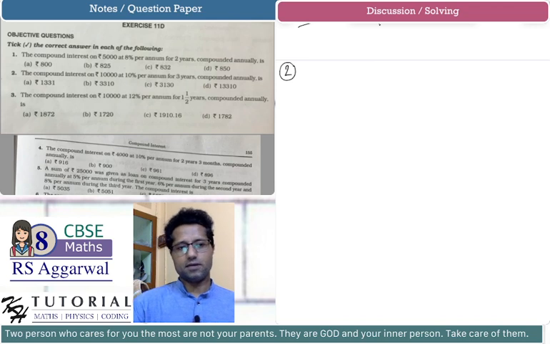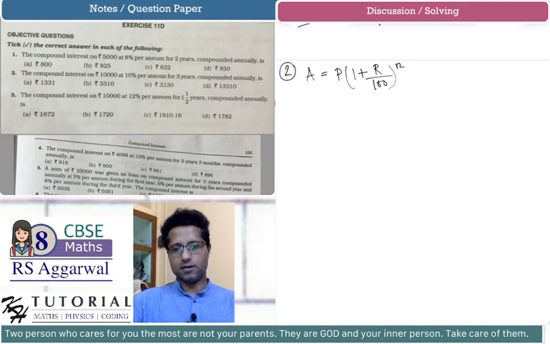As in the previous problem, the simplified version of the amount will be A equals P multiplied by 1 plus R by 100 to the power n, where n is the time period in years and R is the rate of interest per annum. So this is the formula for the amount when the interest is being compounded annually. P is the principal, and n is the time period in years without any fractional part.